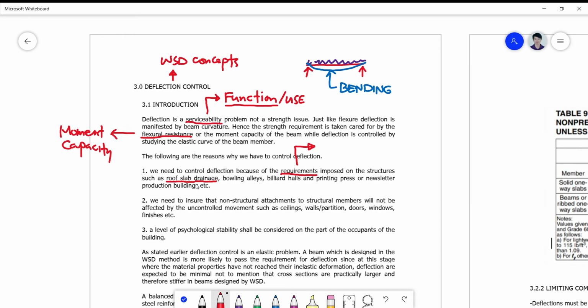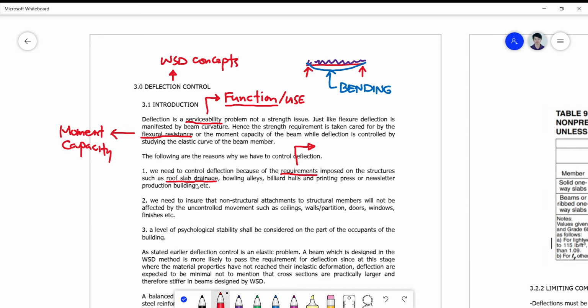For printing press or newsletter production buildings, so we need to see to it that when the equipment vibrates, the deflection and the vibration shall be controlled to make sure that the printouts and the newsletters are within the requirement set forth by the printing industry.